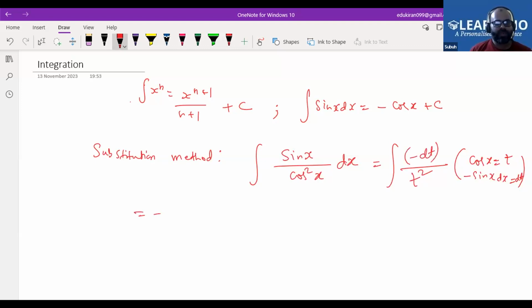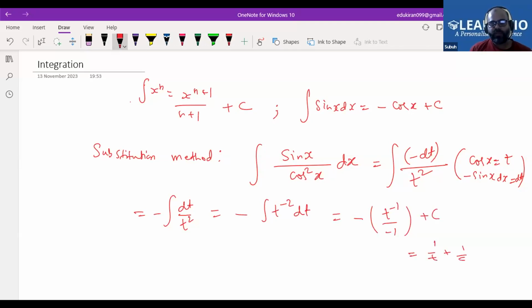So it will be minus dt by t square, which you can write as minus t to the power minus 2 dt. The integral will be t to the power minus 1 by minus 1 plus c. So it will be 1 by t plus c, which is equal to 1 by cos x plus c.